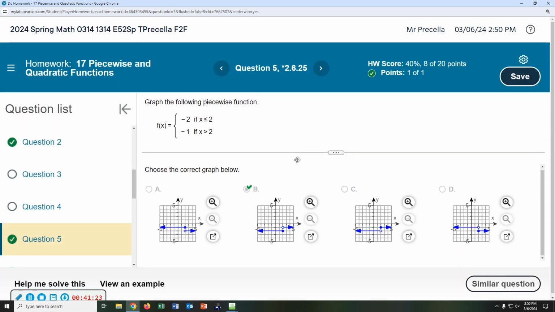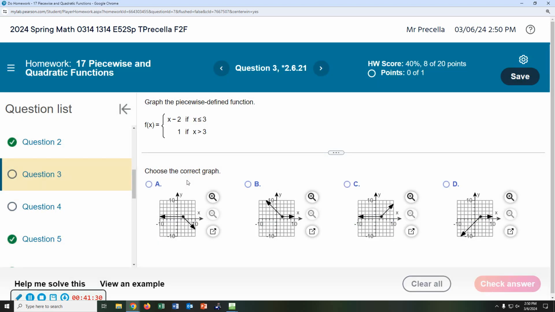Any questions on that one? Now let's go back to number 3. Look at the red dots bleeding through the pages. So number 3, we want to graph another two-piece function.